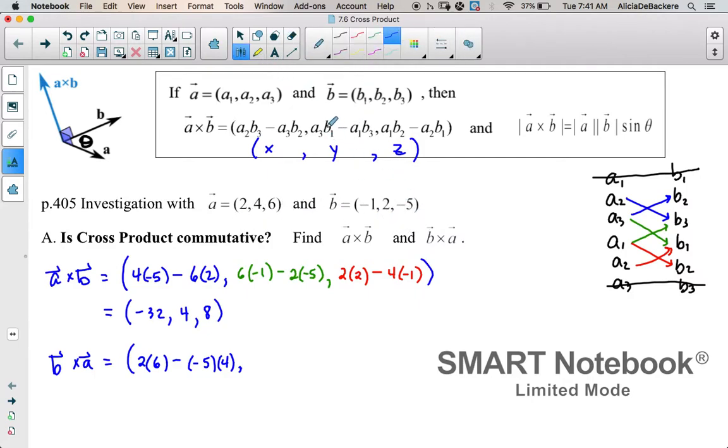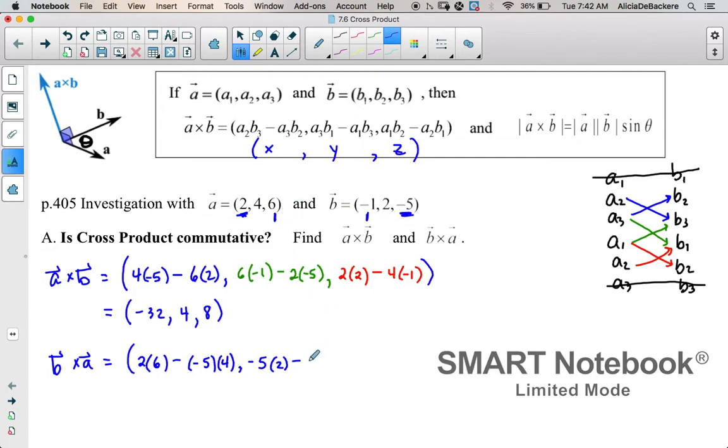For the next component, the y component, again I'm switching all the A and B letters. So I want B3 times A1, minus, and the next one is A1 times B3, but I want to switch the letters, so B1 times A3.